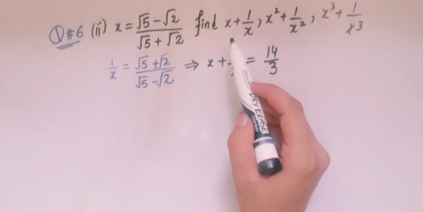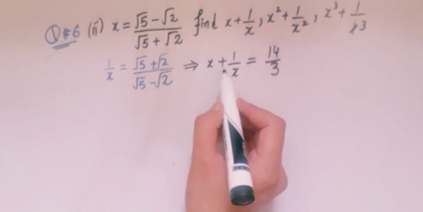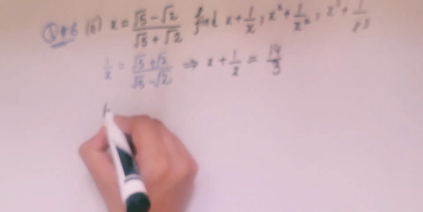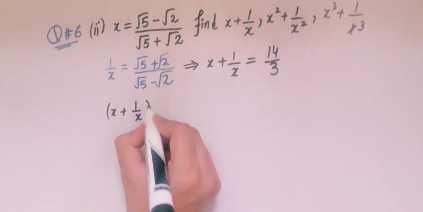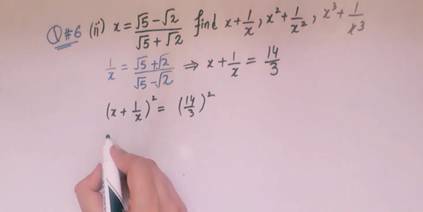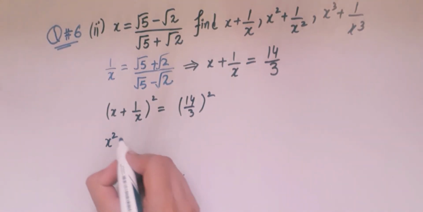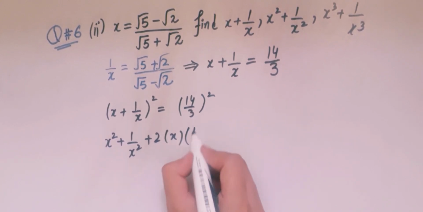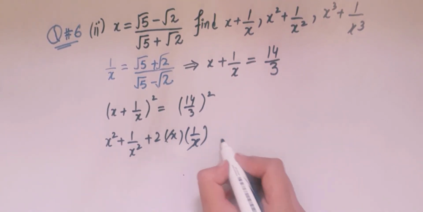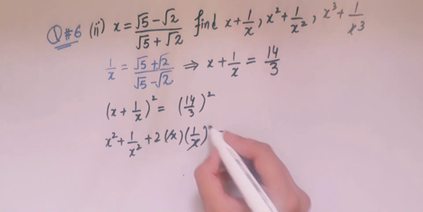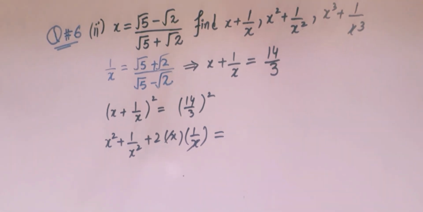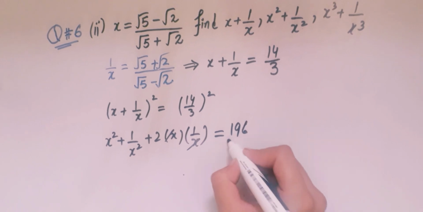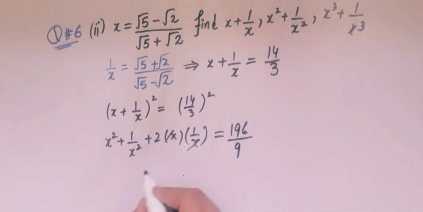Now we have to find the value of x square plus 1 over x square. We will take the square of this. (x plus 1 over x) square is equal to (14 by 3) square. By opening this square we have x square plus 1 over x square plus 2 into x into 1 over x. So this x will be cancelled by this, and 14 square is equal to 196, and 3 square is 9.